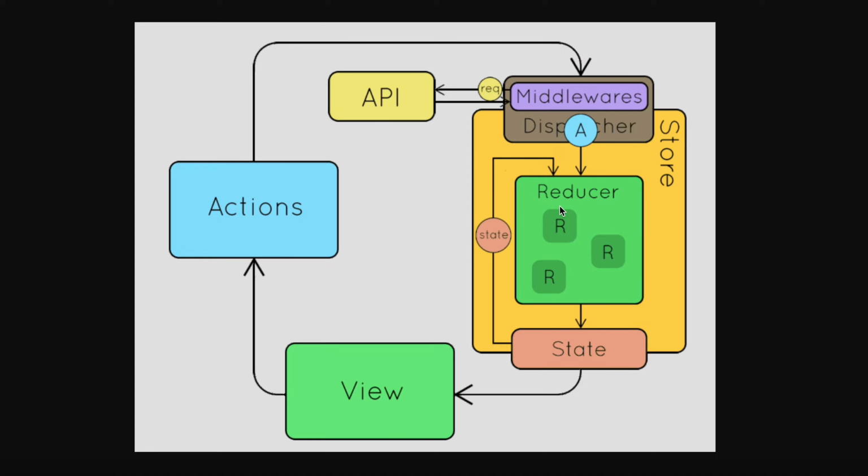Then from there it goes to your reducers, and the reducers make changes to the state, which is why you see that there's another open loop here. Whenever those actions happen, you want to pass them to your main store.